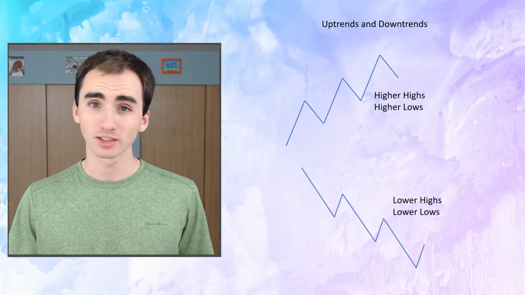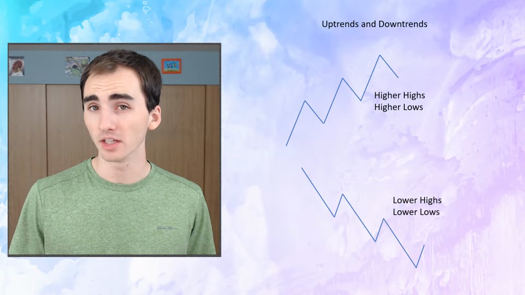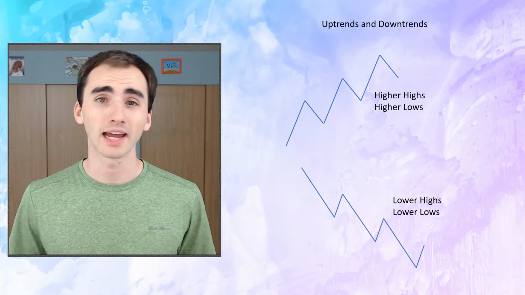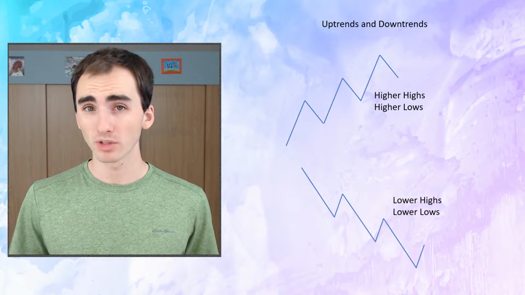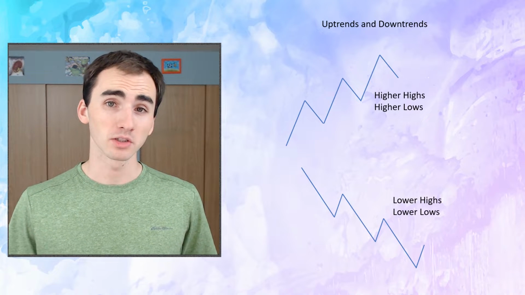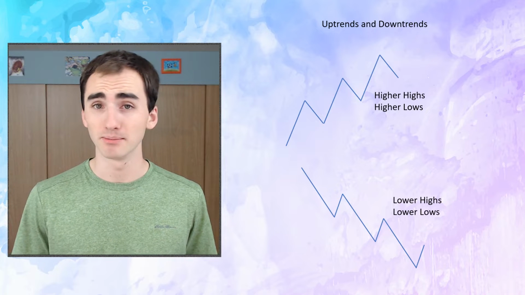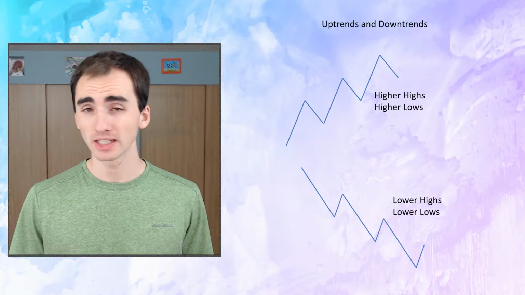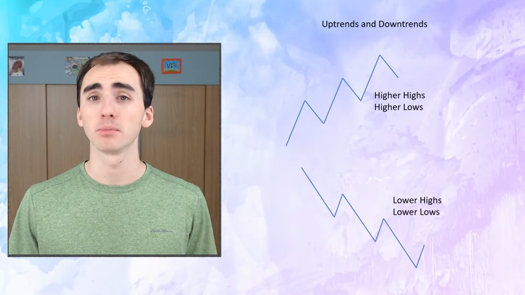Every high is lower than the last, and every low is lower than the last low, causing it to be in a downtrend. It is a very simple concept, but I think it is looked over very often in making sure you know what the trend is, because trading with the trend is very important.